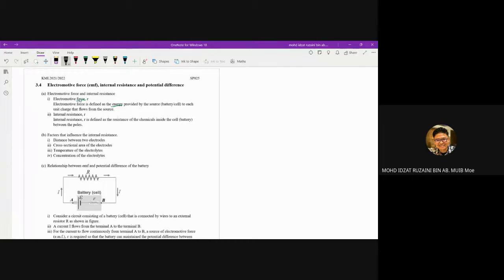EMF inilah, kalau kamu senang cerita, dia macam power supply kan. Dia akan pastikan yang elektron boleh bergerak. Okay, so whenever you have EMF in the circuit, maka akan berlakunya pergerakan dalam elektron, maka dia akan menghasilkan current.